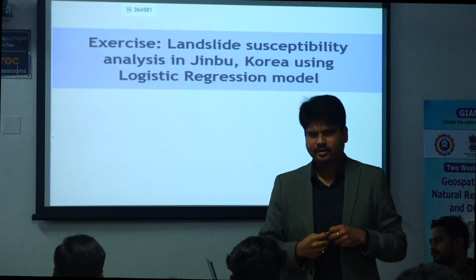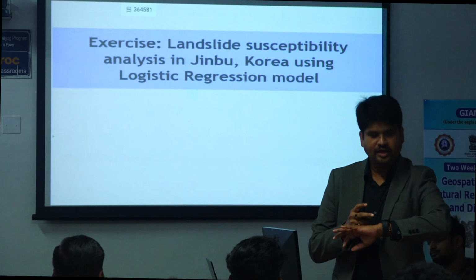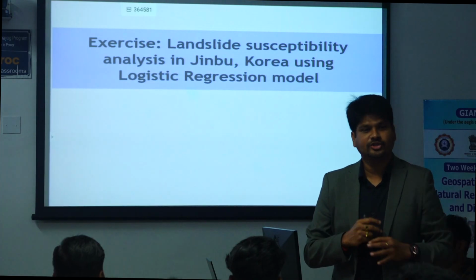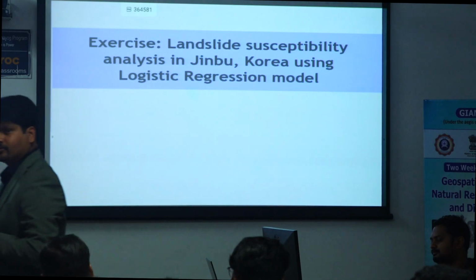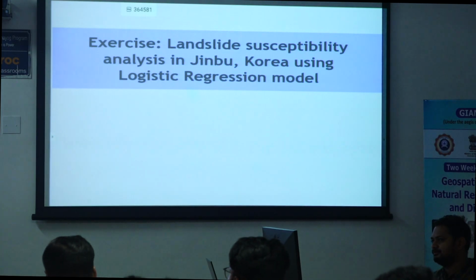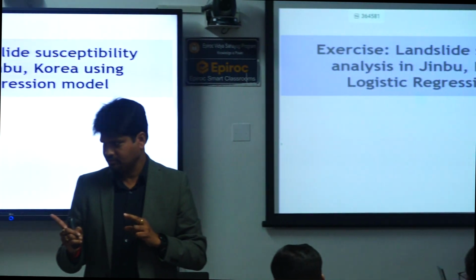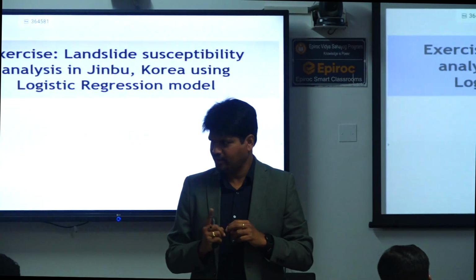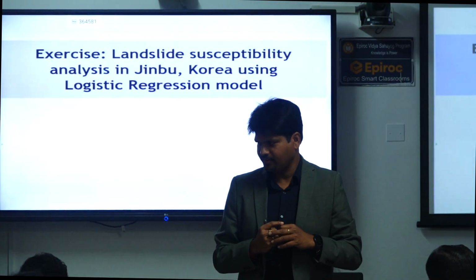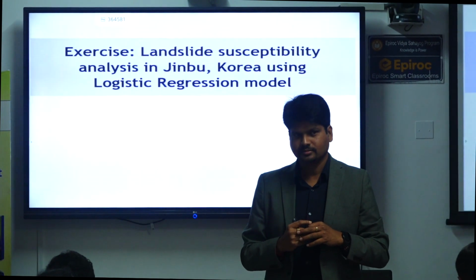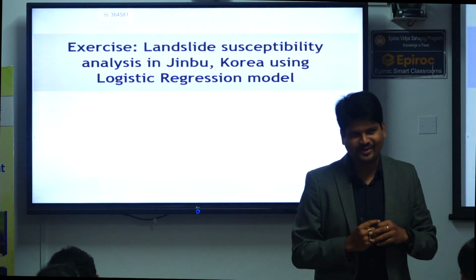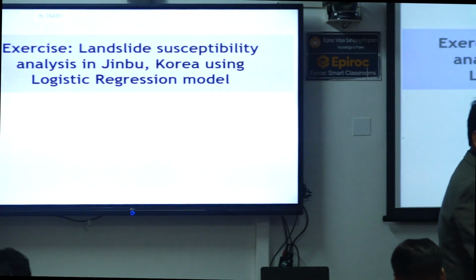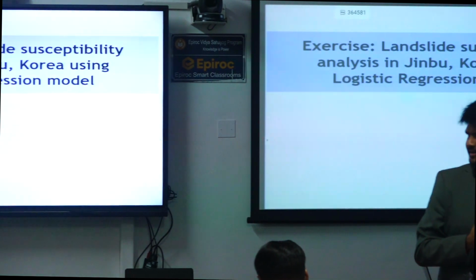If you do not have any questions, we'll move to the next model, called the logistic regression model. Any question? Clear? If I give you the input data, you can produce a susceptibility map for me. It's easy.